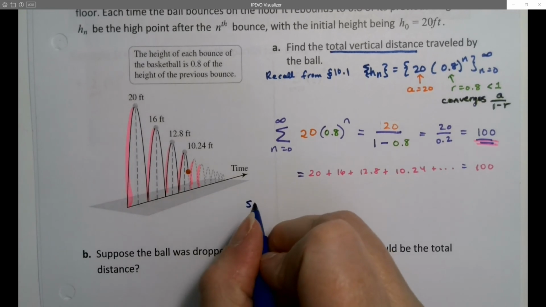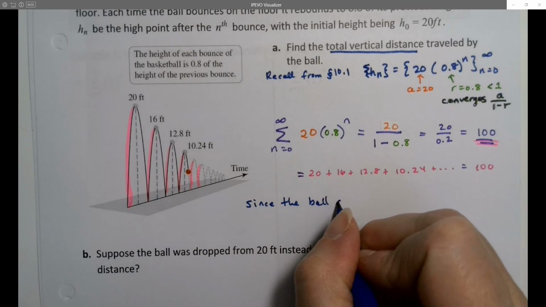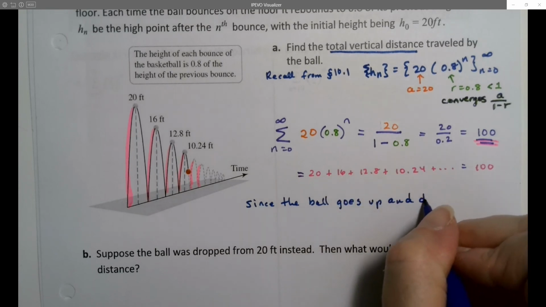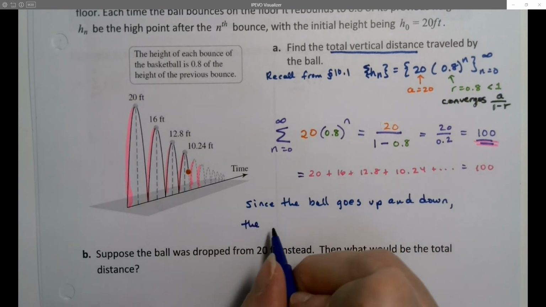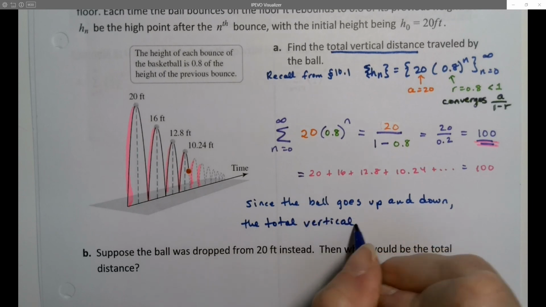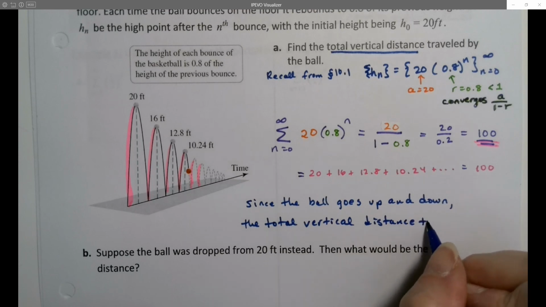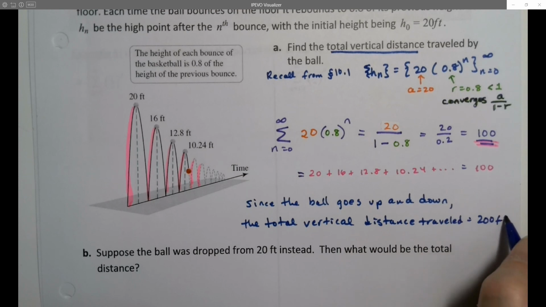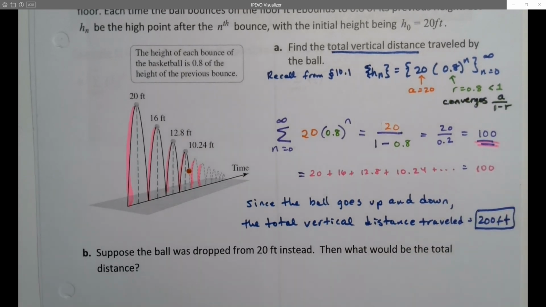So since the ball goes up and down, the total vertical distance traveled will be 200 feet, which was the question that they asked.